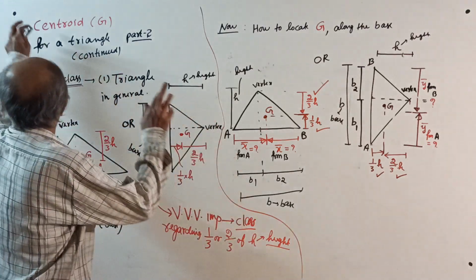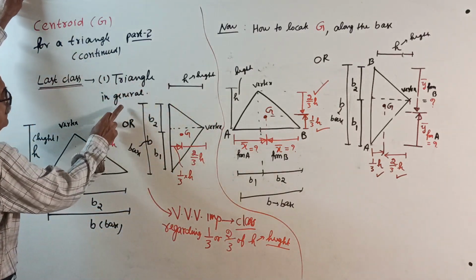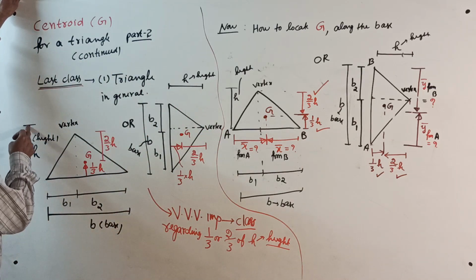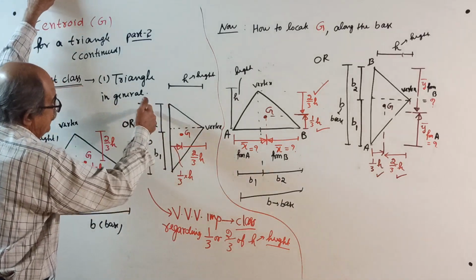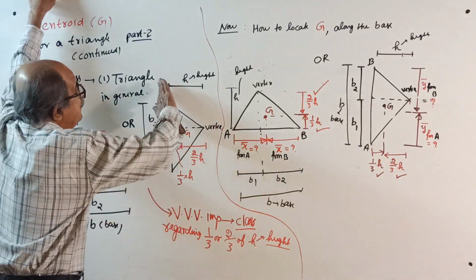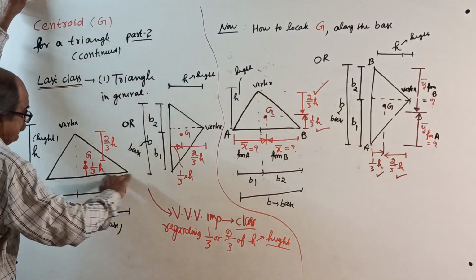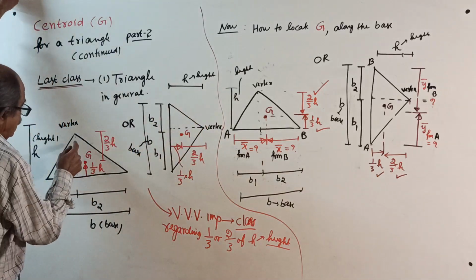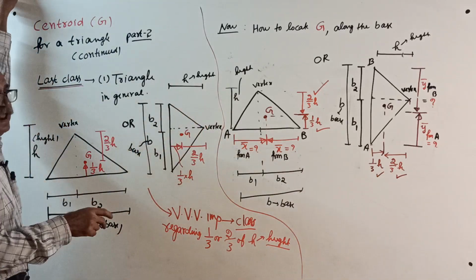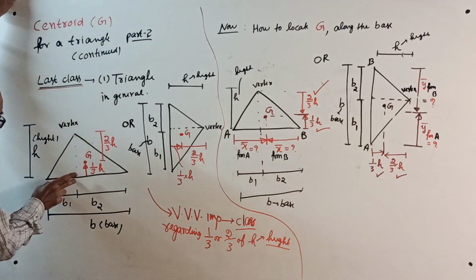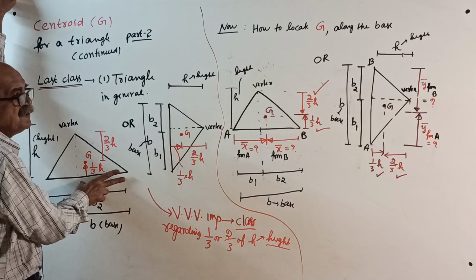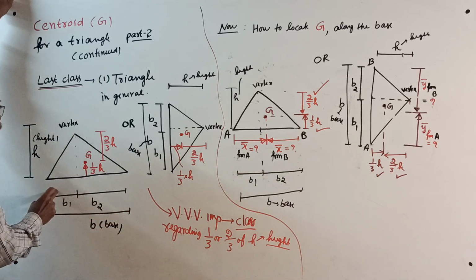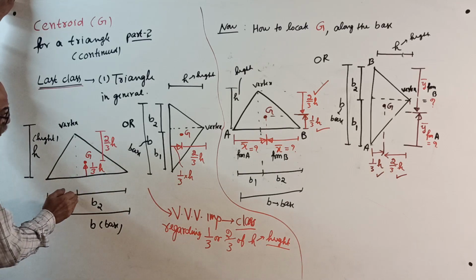Okay, now see, last class, a triangle in general. Base B, height H, or turn it here, base B, height H. If this is the base, there is a vertex. A triangle in general means this distance is not equal to this distance. So in the base B, there are two parts: one side is B1, the other side B2.